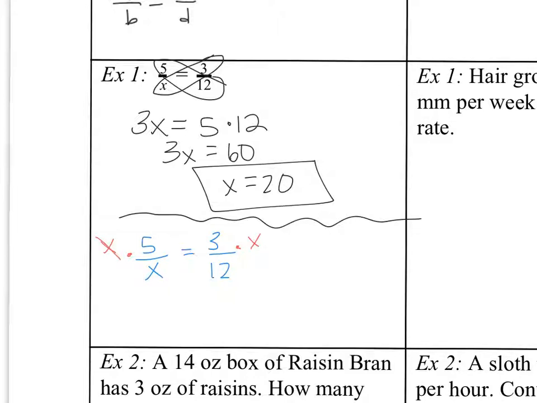So this cancels out, and you're going to have 5 equals 3x, because the x is in the numerator, divided by 12. And then you're going to get rid of the 3/12 by multiplying both sides by 12/3. 12 times 5 is 60, divided by 3 is 20. So it's the same thing. I think of it quicker as just cross multiplying.